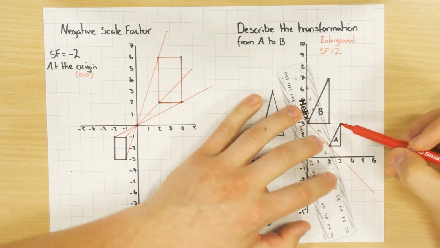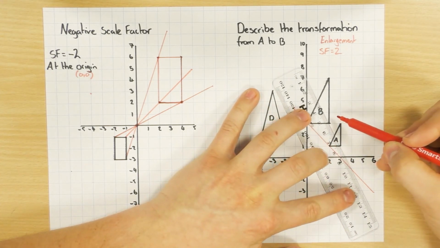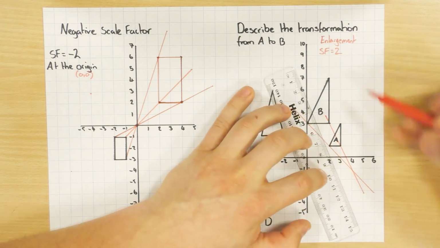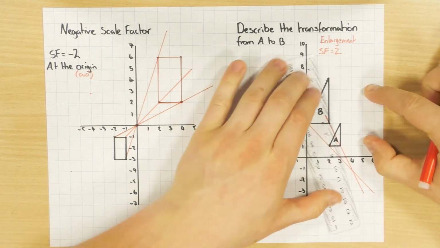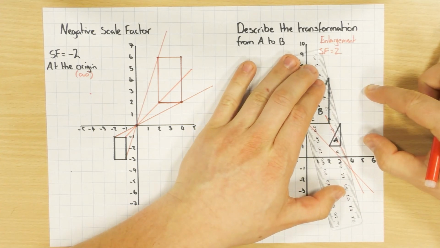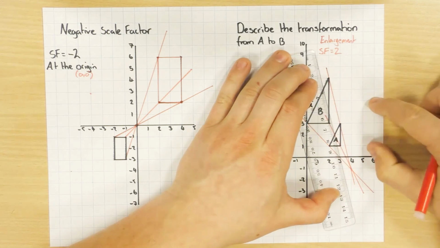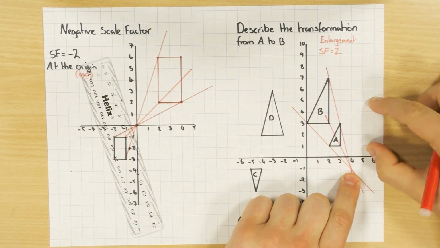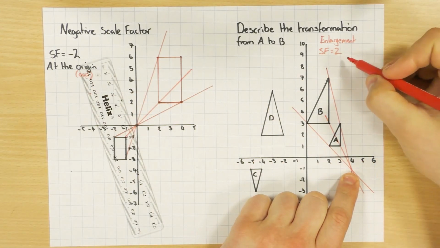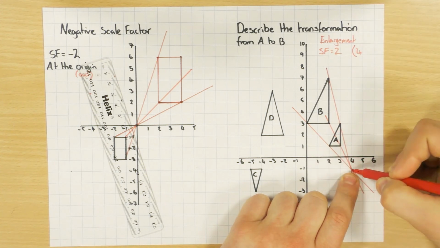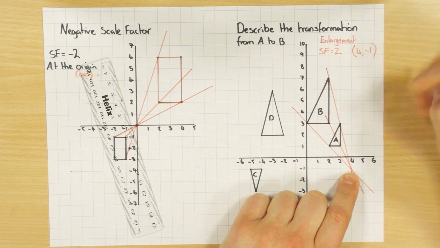I'm going to do the same thing with the bottom right and bottom right, like so, and it's probably going to be there, but let's just double check. Always do 3 just to make 100% sure. Yep, there we go, they're all crossed at that point, so that's going to be my centre of enlargement. So then you just put the coordinate there of 4, remember, along the corridor and then down the stairs, so 4 minus 1.